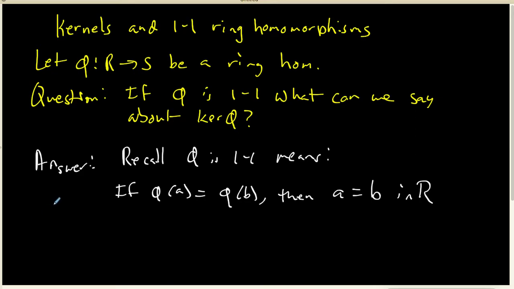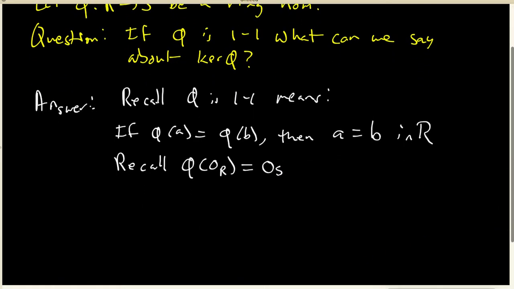And we can use this fact because we also know something else, and I want to recall another important fact. Any ring homomorphism takes the zero in the domain ring to the zero in the target ring. And so if we put these two facts together, we get the following thing.